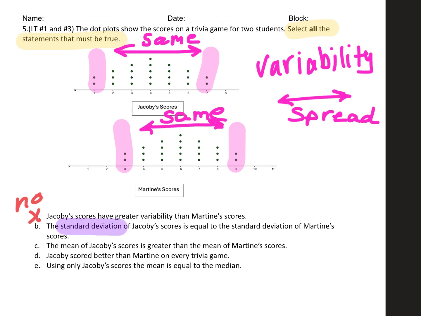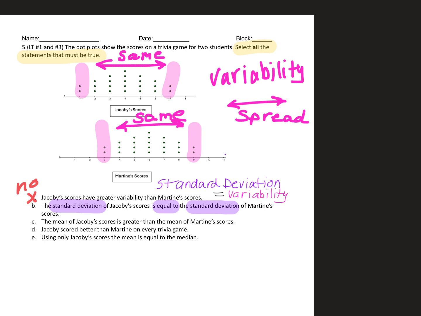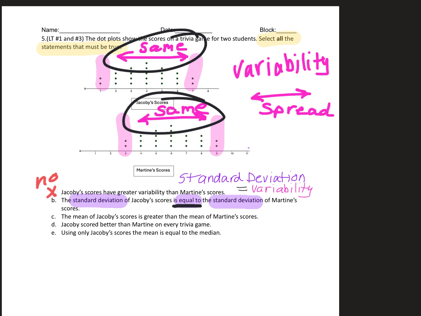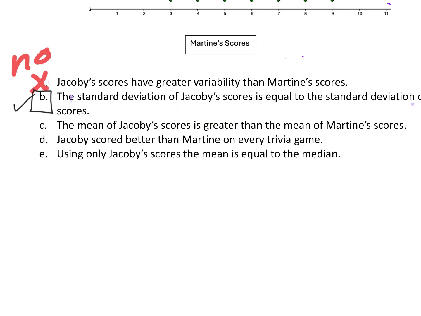Next, it asks if the standard deviation of Jacobi scores is equal to the standard deviation of Martin scores. And remember that standard deviation measures your variability. So since they're both the same variability, that also means that their standard deviation is equal. So B is one of our correct answers. Next, it's asking us to compare the mean of each of the scores.